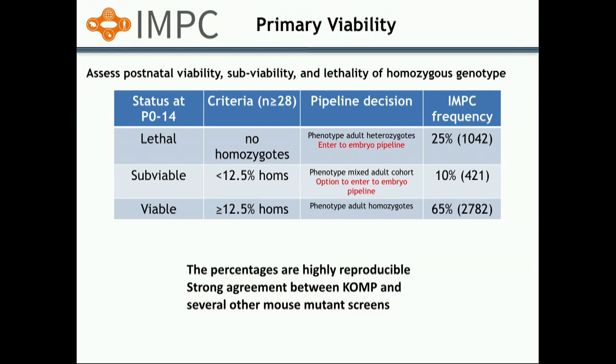And these subviable alleles occur at a frequency of about 10% overall, whereas the viable alleles are at 65% and the lethal alleles occur at about 25%. These percentages, as I'll allude to later, are very highly reproducible. And looking at the null alleles through the IMPC efforts, comparing them to ENU screens and other mouse mutagenesis efforts, these numbers are really highly robust and repeatable over a large number of different groups.